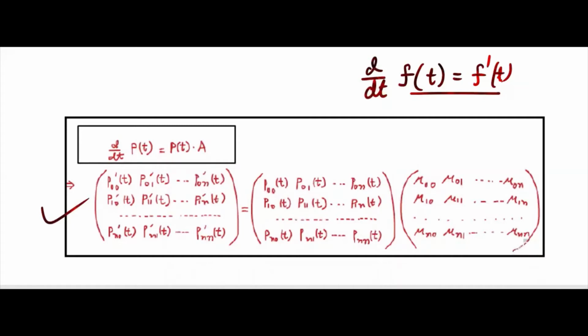You start from 0, 0, 0, 0, 1, 0, 1, 1, 0, 1, 1, 1, and this is pt. And when you differentiate, just replace all the entries here by their dash. So this is pt, this is d by dt pt, that is p dash t, and a comes here. A is here the generator matrix, and this is the matrix form.